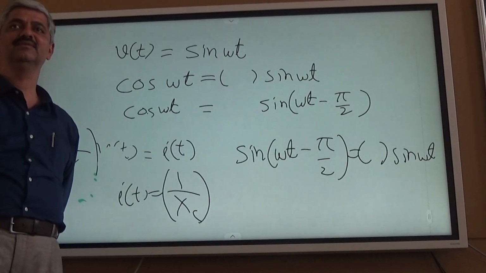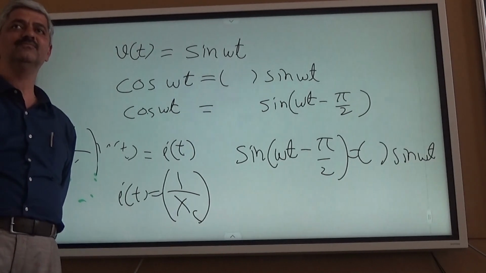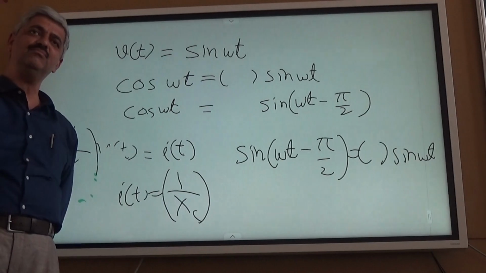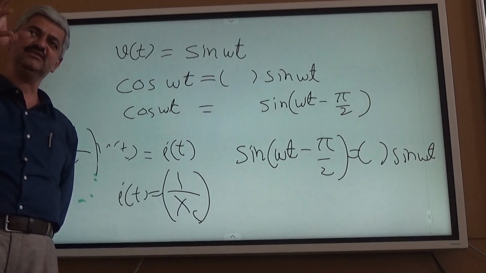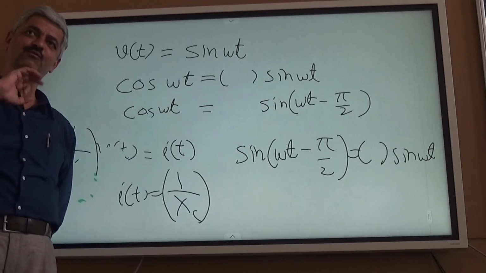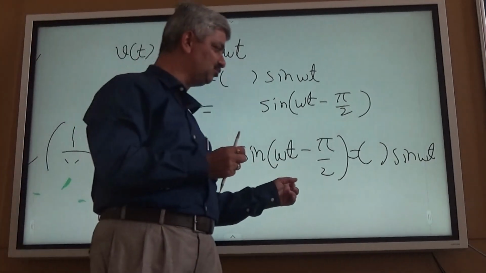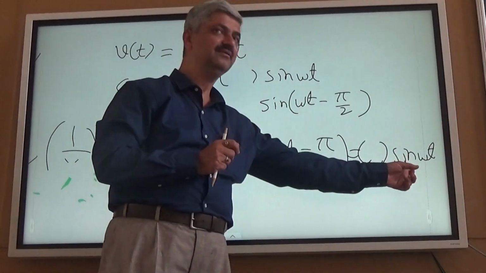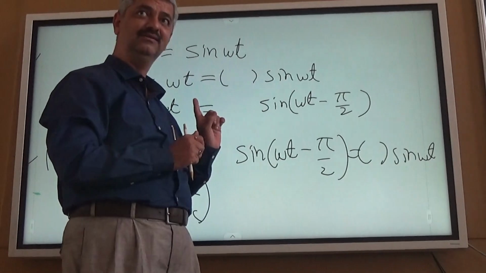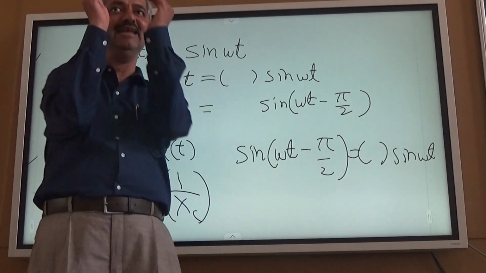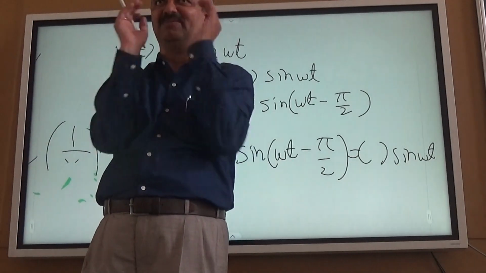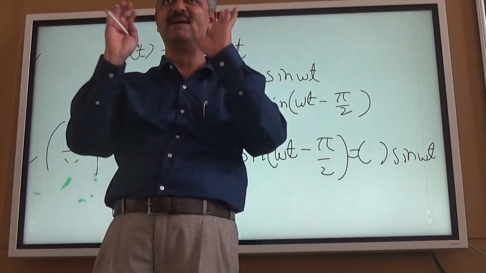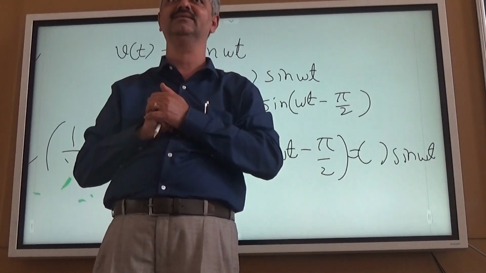So I should have some kind of spatial arrangement where, what is the difference between these two? Amplitude is equal, right? Sin omega t and sin omega t minus pi by 2, amplitude is 1. So same amplitude, only phase shift is there.